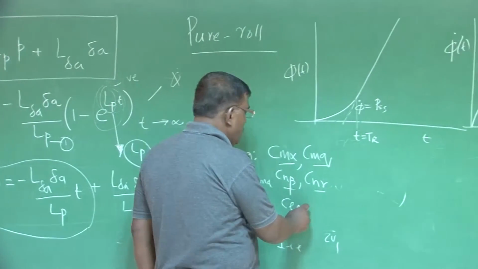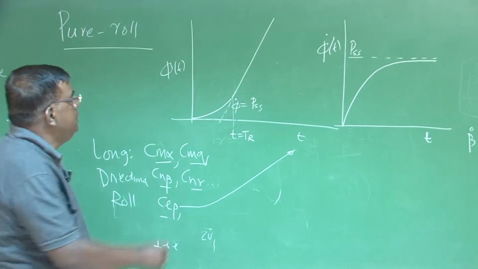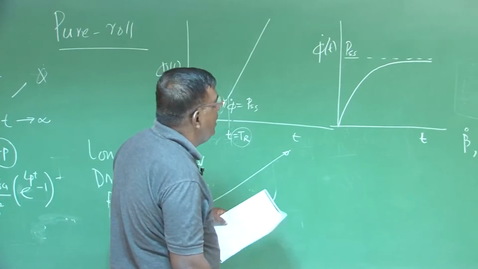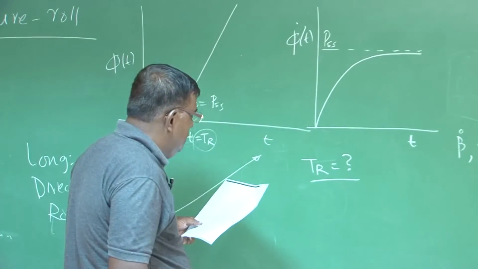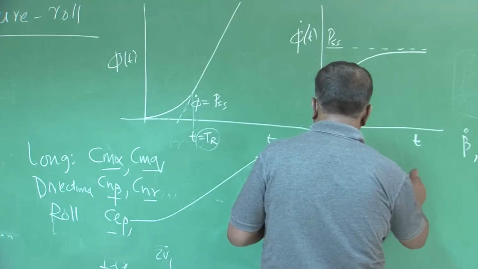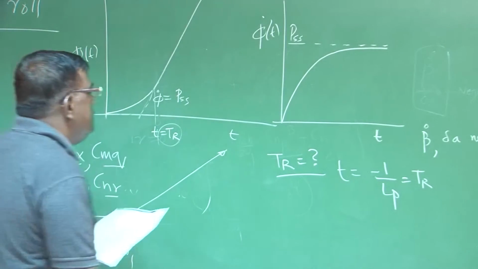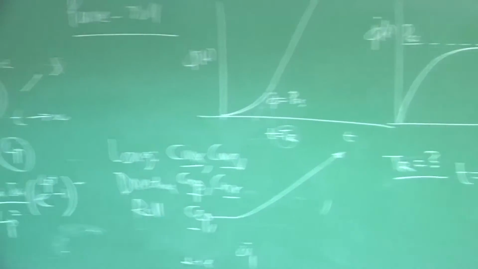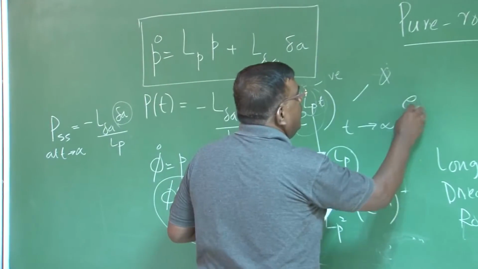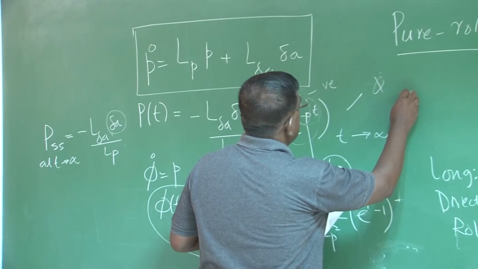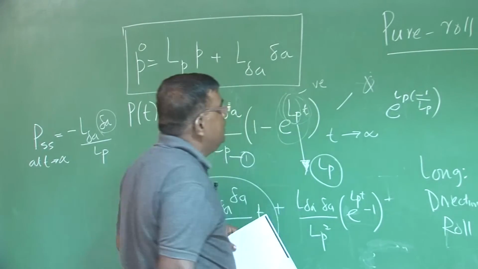When I come to roll, I also notice this term TR. I am sure you would like to know what TR is, otherwise it will not be complete. Say at t equal to minus 1 by LP, which I call TR, the time constant in roll, e to the power LP t becomes LP into minus 1 by LP.